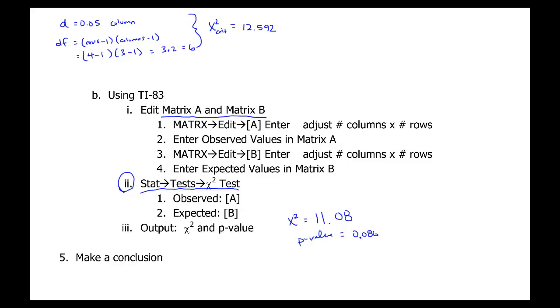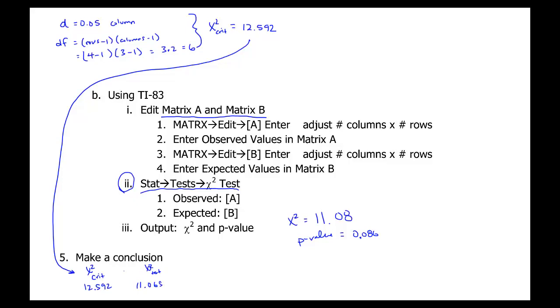So now we can make a conclusion. If we were doing this method from up here, the chi-squared that we calculated was 11.065.